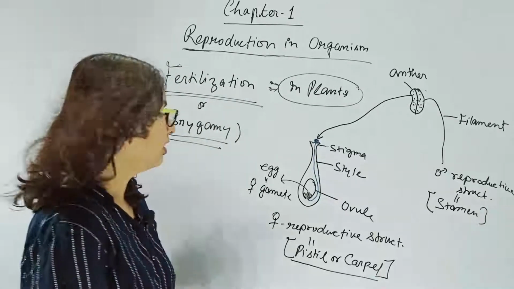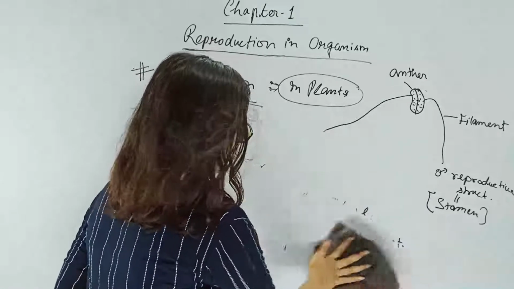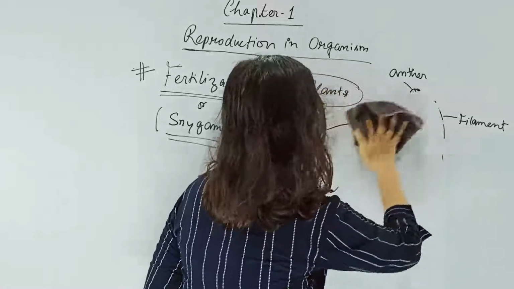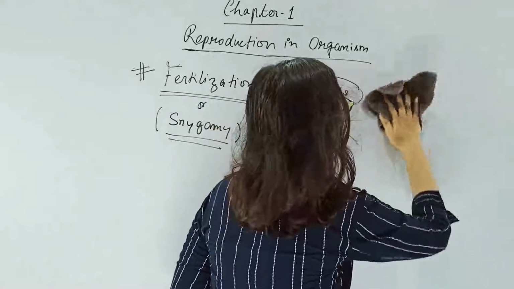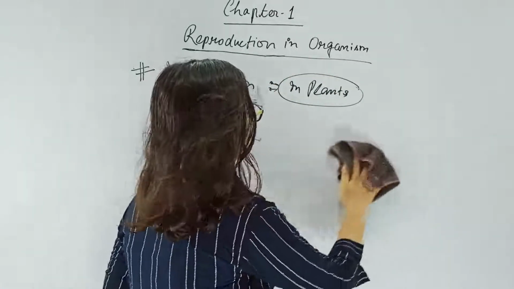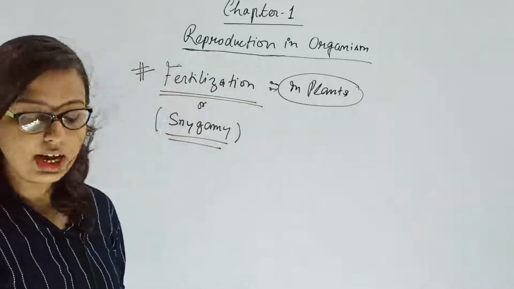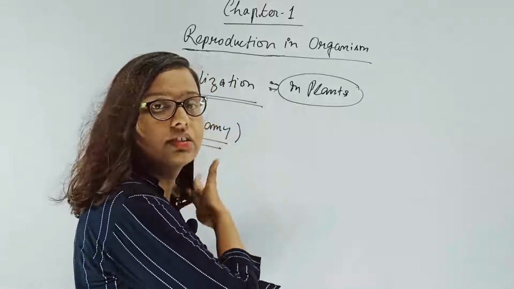In some of the organisms, suppose there is a lizard. So in the lizard there is a special type of fertilization that happens. There is no need of two types of gametes for the lizard formation.